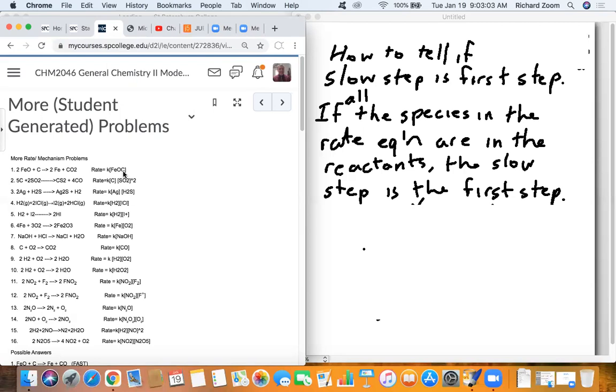And the answer is no. FeOC is not a reactant. Can you make FeOC from the reactants? Yes, but that's the entire point. That must mean that FeOC is in a second step because it has to have been made from these reactants. So the slow step must be the second step. Any questions?